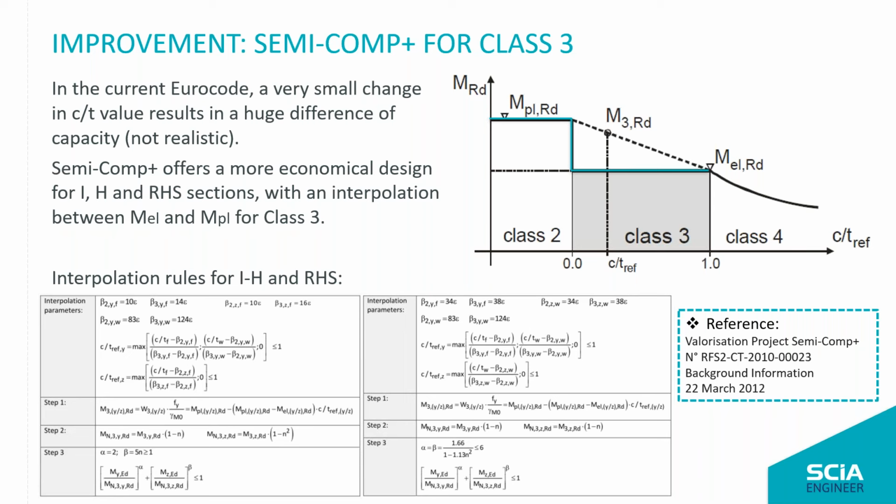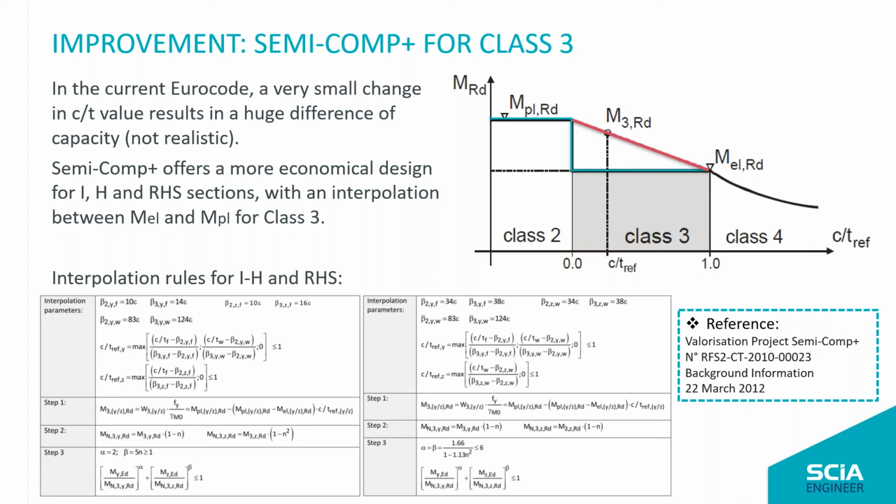But then if your C increases by 1 millimeter, maybe you fall into class 3 and suddenly your elastic moment, your resistance moment that you can use drops drastically. Now, can this tiny millimeter change really have such an impact on the section behavior? We feel internally that is not entirely correct, and that's also what the Semicon Plus research is going after.